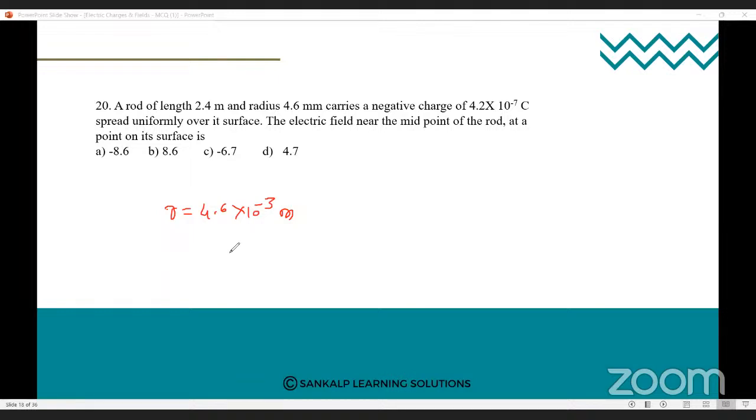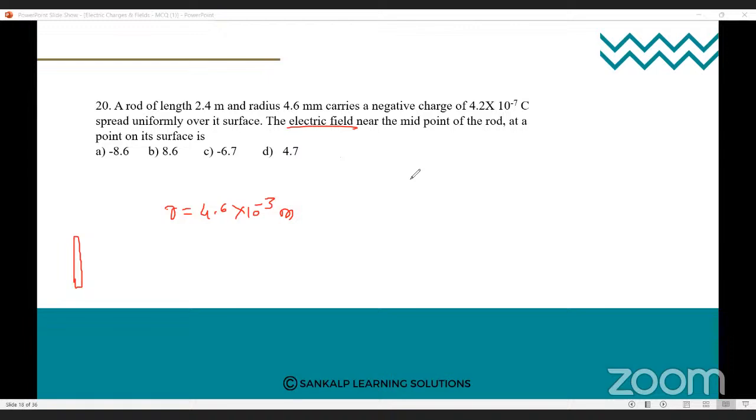So here we need to calculate the electric field near the point. Sorry, the electric field, not the distance. They are asking you to calculate the electric field. So to calculate electric field, what all formulas do we have? It is a linear rod they are saying. So Gauss law application we have studied, students. In Gauss law application, the first derivation is Gauss law applied for the infinitely long straight wire.